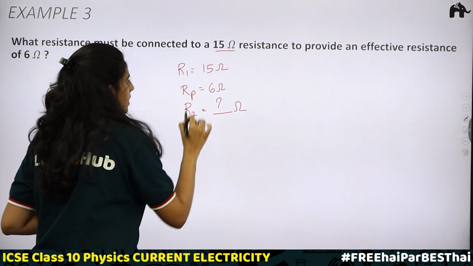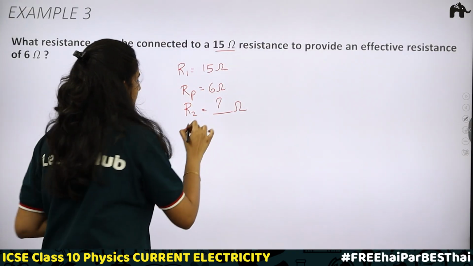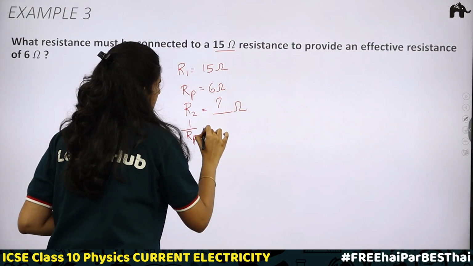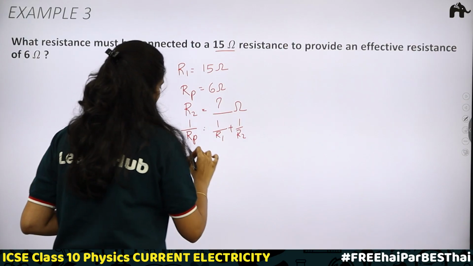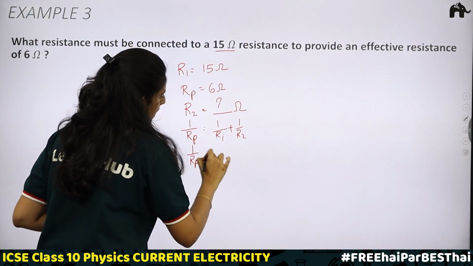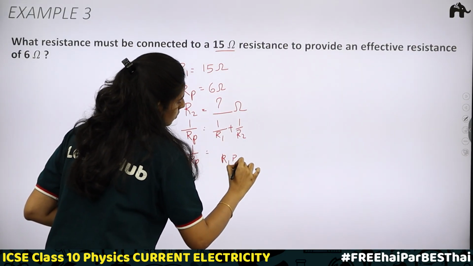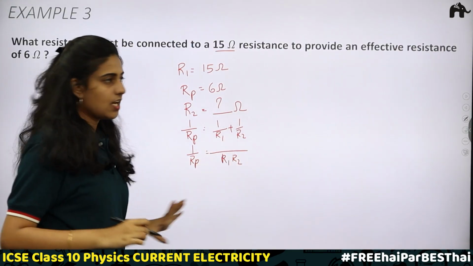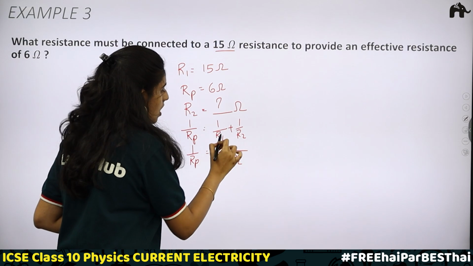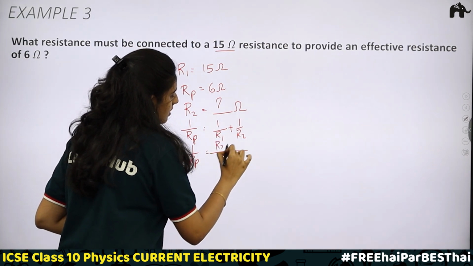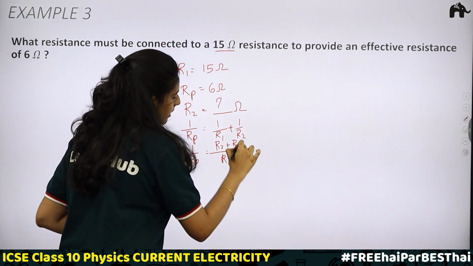In parallel connection, if two resistors are connected in parallel, we will be having 1 by Rp is equal to 1 by R1 plus 1 by R2, or 1 by Rp will be equal to, R1 R2 is the LCM, denominator R1 R2, numerator R2 into 1 plus R1 into 1.